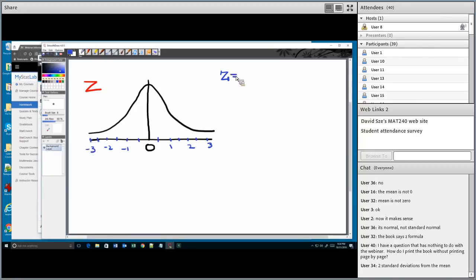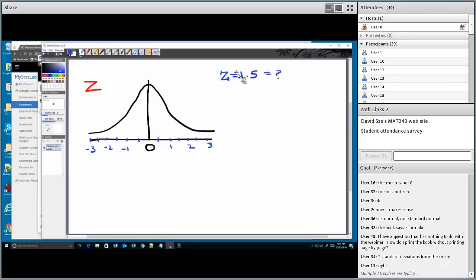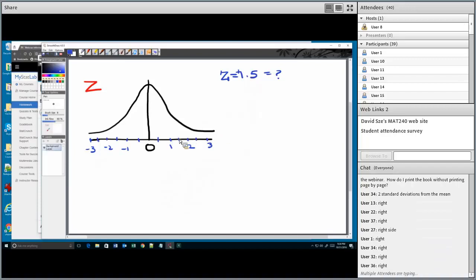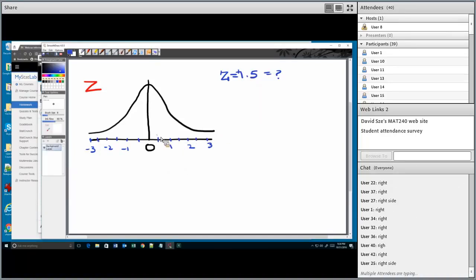So tell me where z equals 1.5. Is it on the right side or the left side? This is plus 1.5, so on the right side, right? Is it this point? No. Is it this point? Yes, very good. It's this point right here.